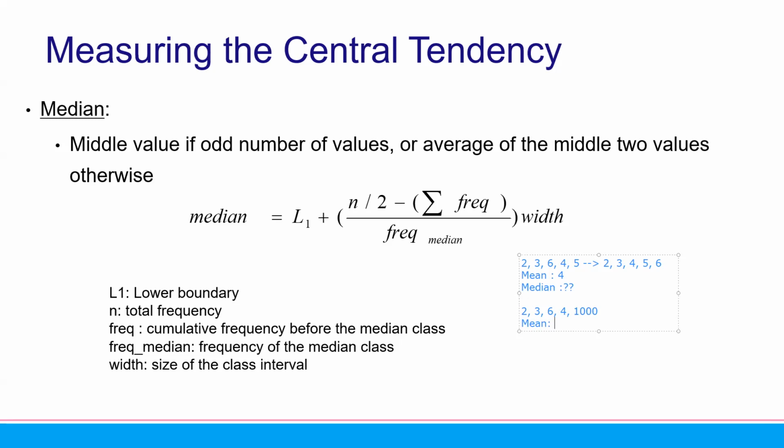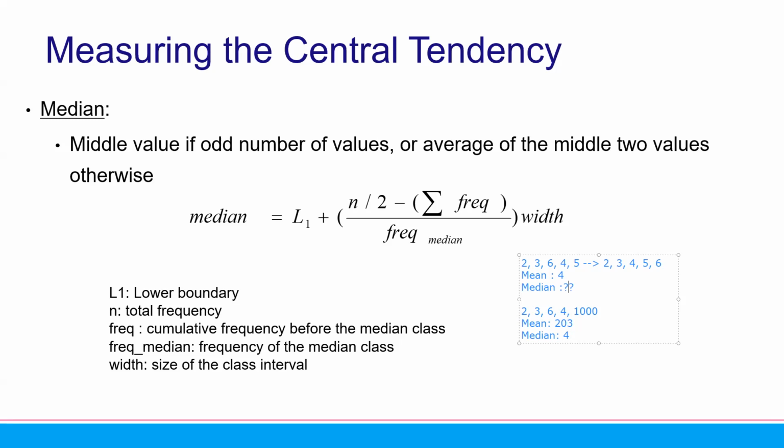So 10 plus 5, 15, 15 plus 10, 1000. So 1015. 1015 divided by 5. Then it is 203. Okay, the mean is 203. But what about the median? Yeah, it's the same. 4.